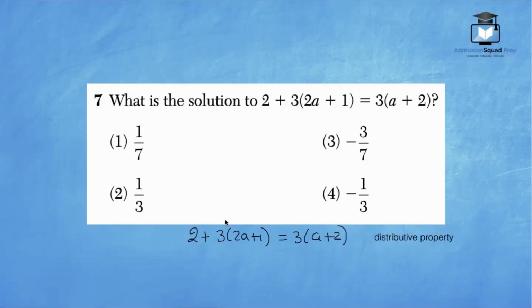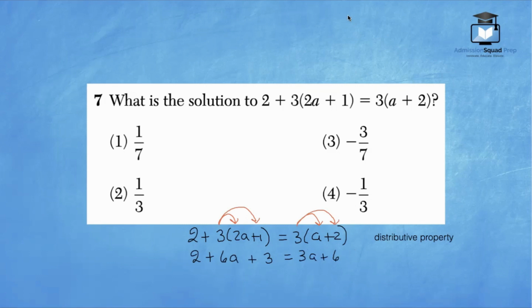The distributive property will allow us to multiply 3 by 2a plus 1 and 3 by a plus 2. So let's go ahead and multiply. We have 3 times 2a, 3 times 1, 3 times a, and 3 times 2. So now we have 2 plus 6a plus 3 equals 3a plus 6.